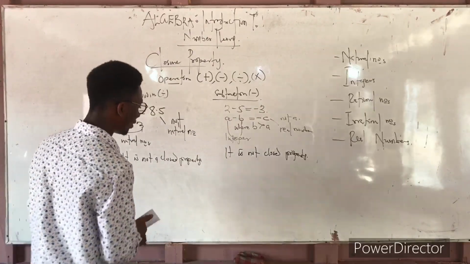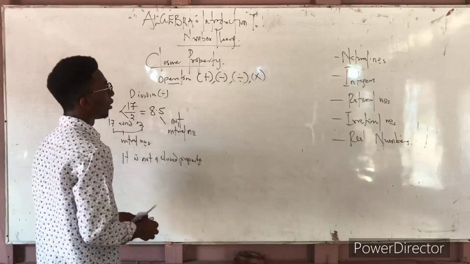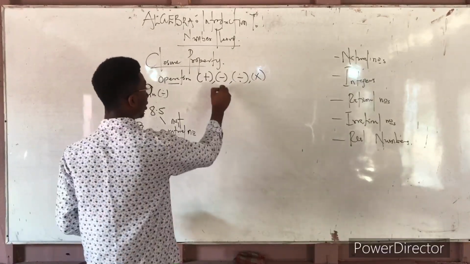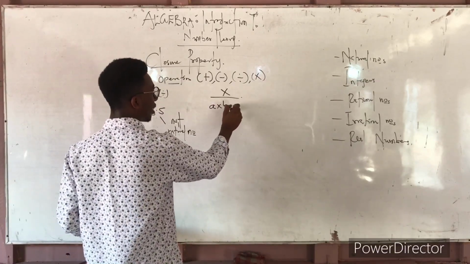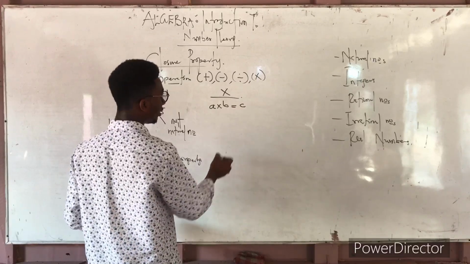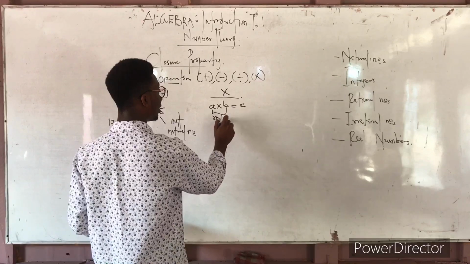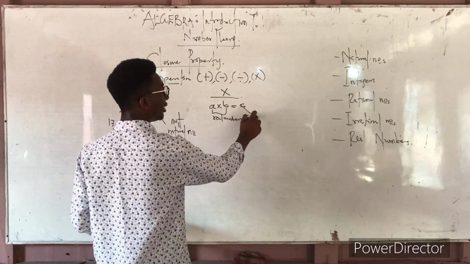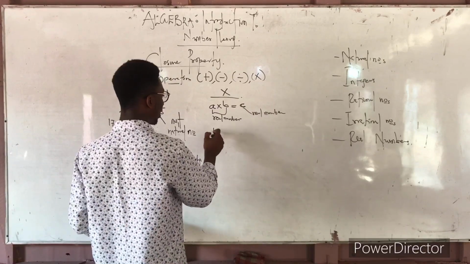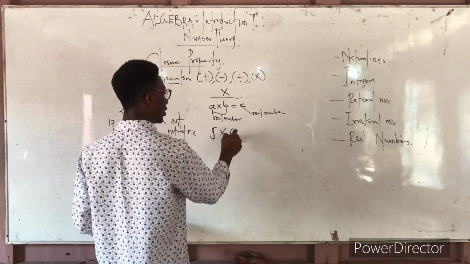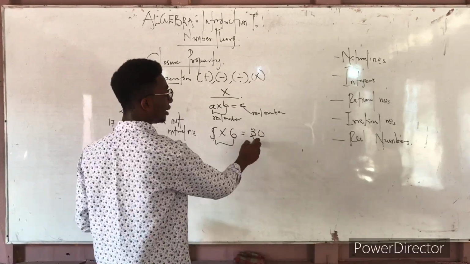And the last one is multiplication. With multiplication, if I have A multiplying B, I get C. Since A and B are real numbers, C is also a real number. For instance, 5 multiplying 6 gives 30. 5 and 6 are real numbers, and 30 is also a real number.